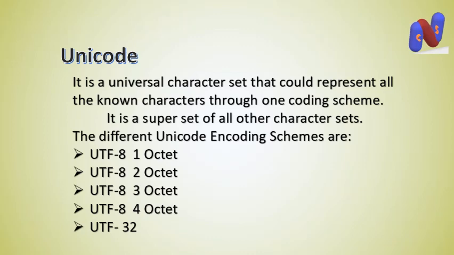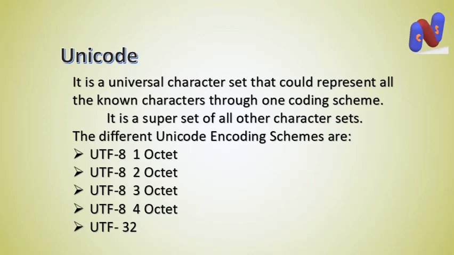So here is the result in the form of Unicode. It is a superset of all other character sets. Means it includes ASCII, ISCII and other code formats, which are used individually in different regions of the world. But in Unicode we get all types of character sets together.